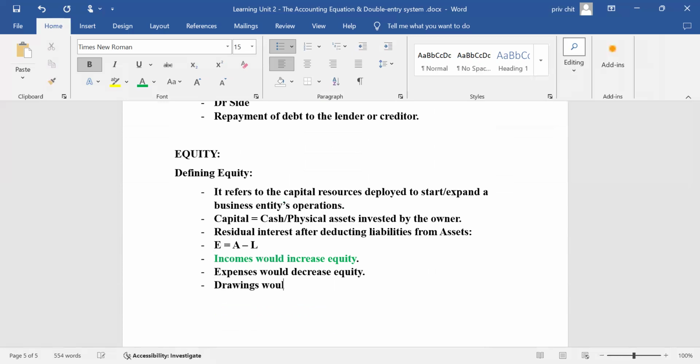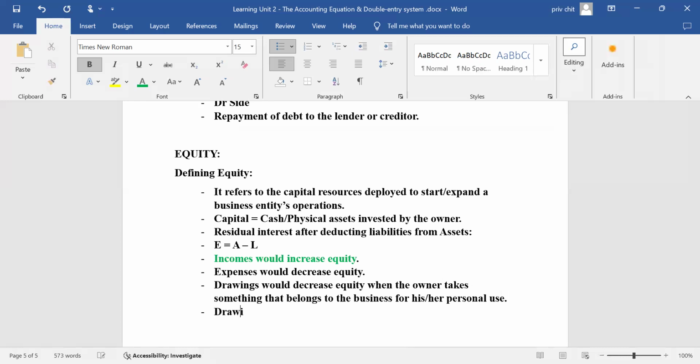Another thing that would decrease equity is drawings. But now we need to understand under what circumstances. It decreases equity when the owner takes something that belongs to the business for his or her personal use. All right.